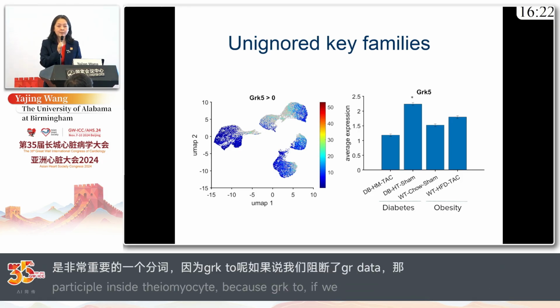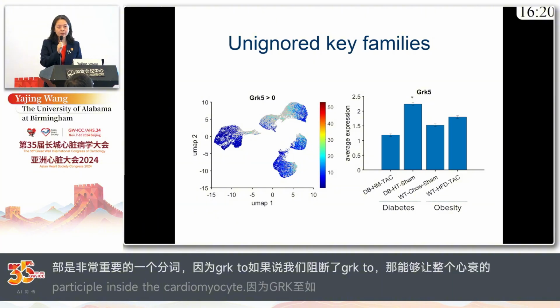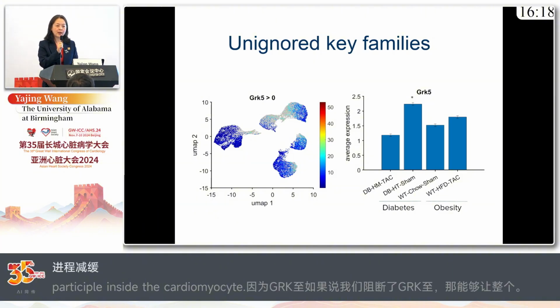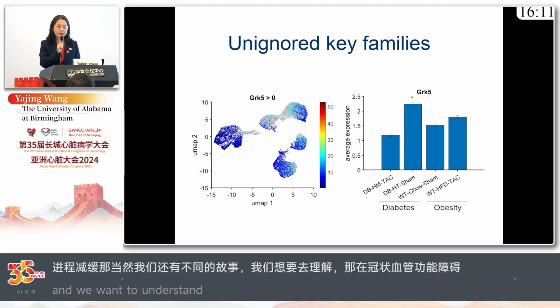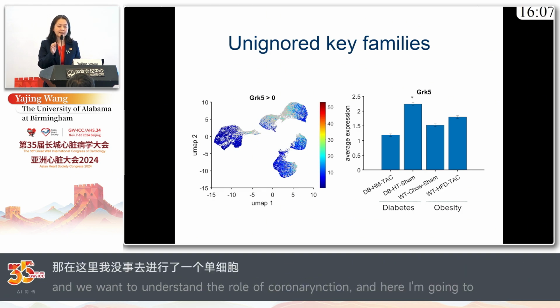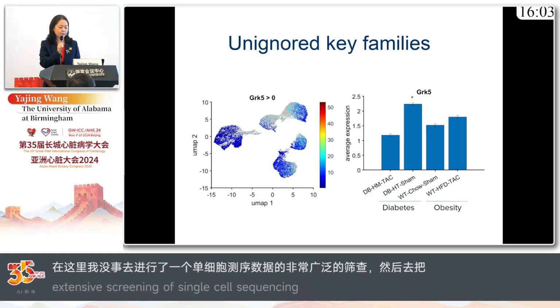But there is a different story when we try to understand coronary artery disease. Using large screening results from single-cell data, we can dissect the endothelial cell population into 5 subcategories.